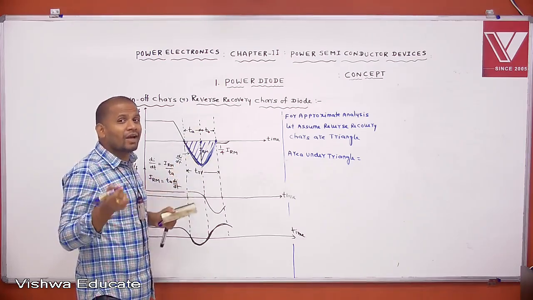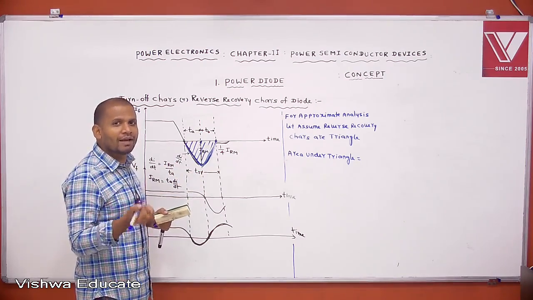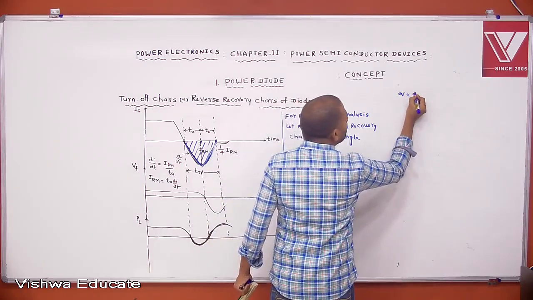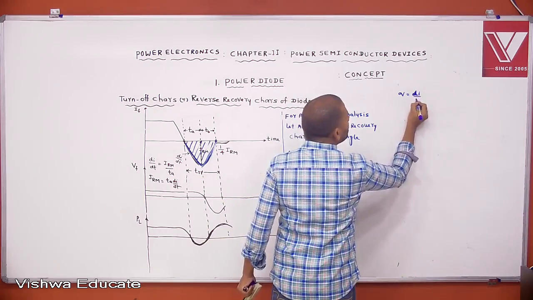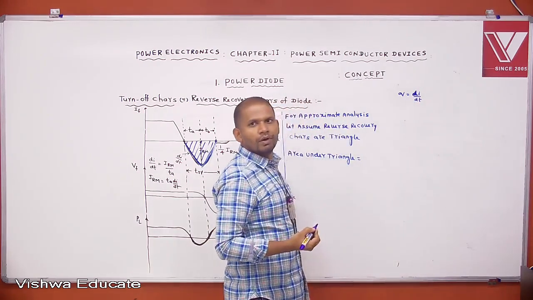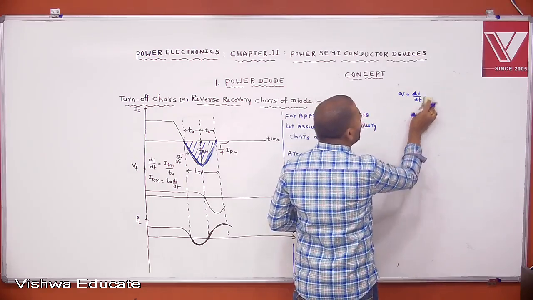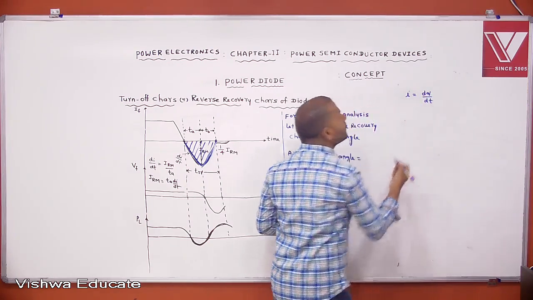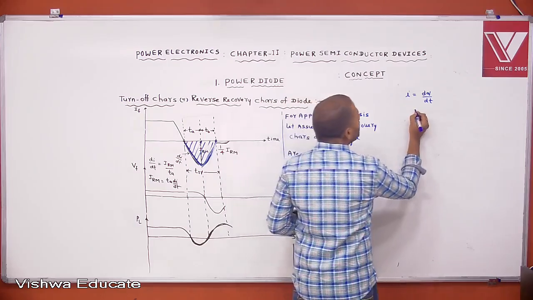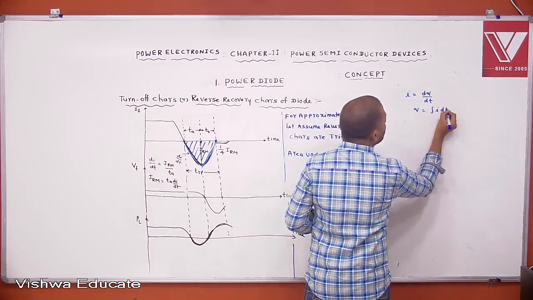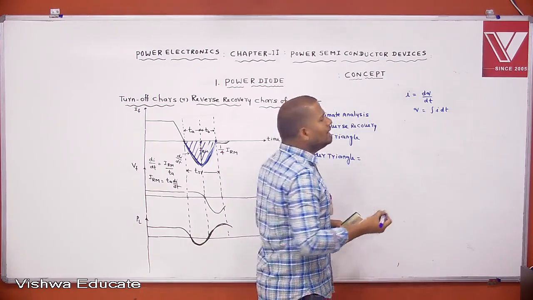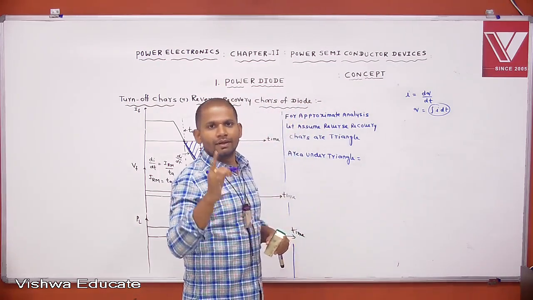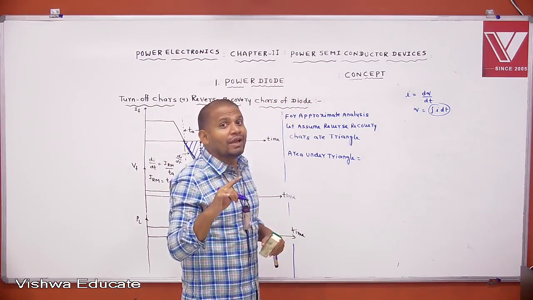What does the area under the current curve indicate? We know that current I equals dq by dt. Then Q equals the integral of I dt, which is the area under the current curve. So the area under the current curve indicates charge.